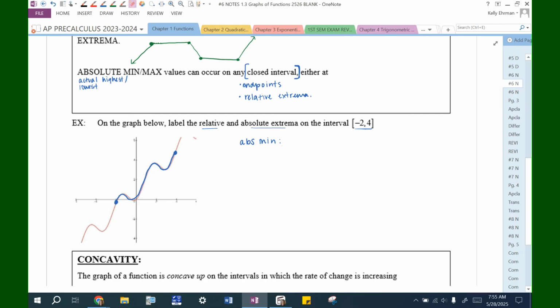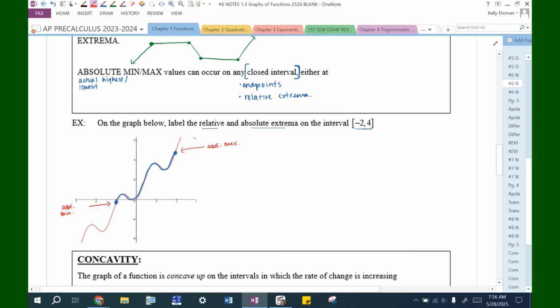Oh, you know what? It's kind of hard to actually label these. So let's label it on the graph. So this right here looks like the lowest point, and it happened at an end point. If this section of the graph dips down lower, then that would have been the absolute min. And it looks like the end here is also the absolute max. Neither of those are relative extrema because the graph isn't changing from increasing to decreasing there.